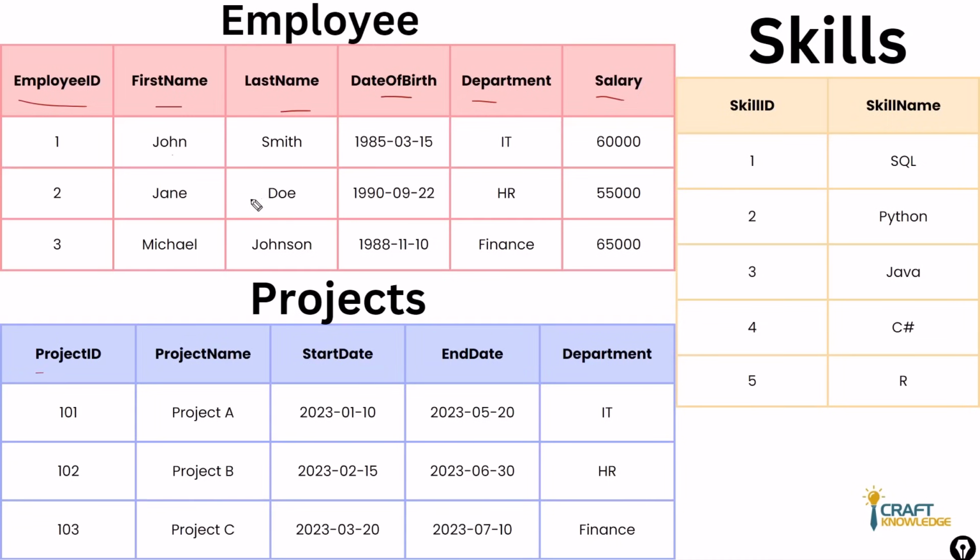Now, we can create relationships between these tables in a way that whenever we want to see which skills employee John Smith has, we can fetch it. How can we do that? For example, here in the skills table, we can add another column that would be called maybe EID, employee ID, right?